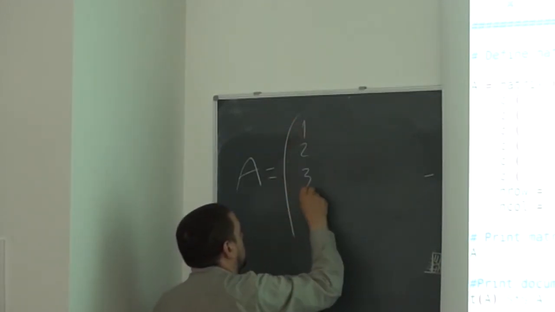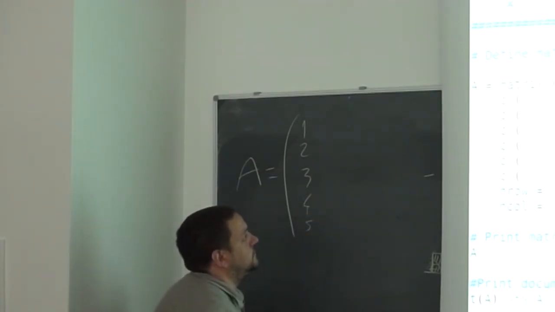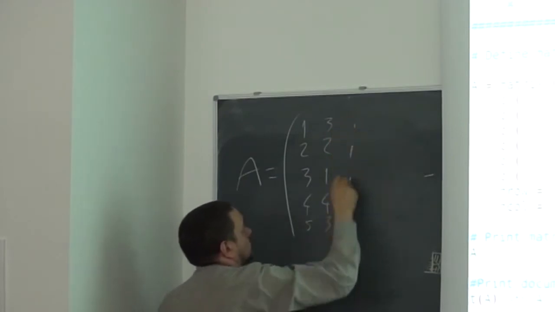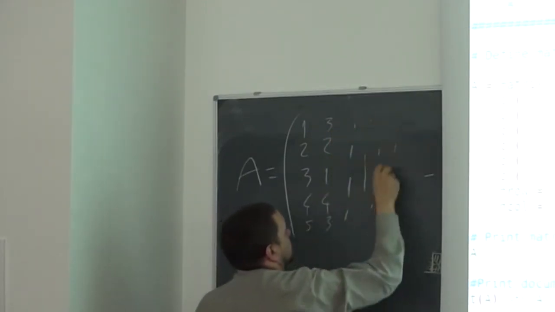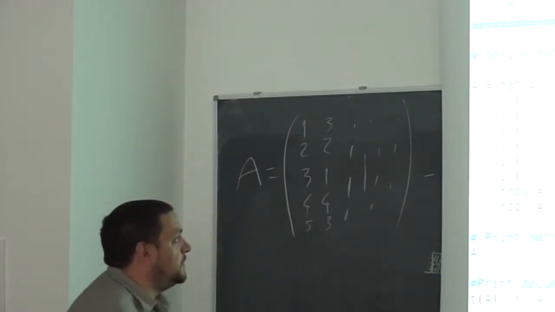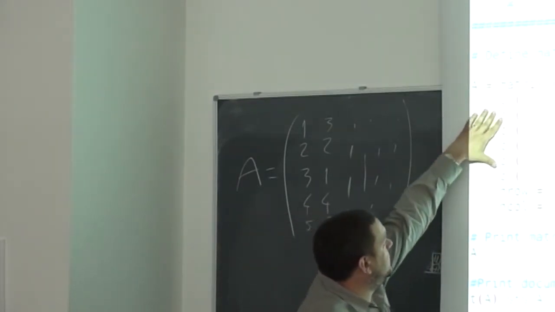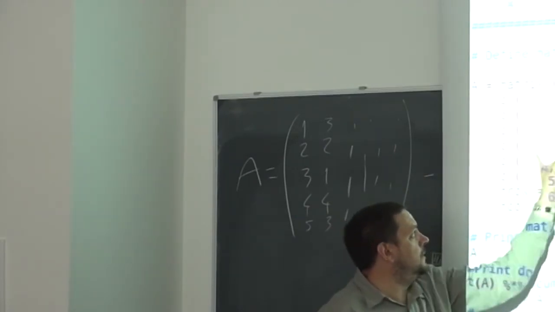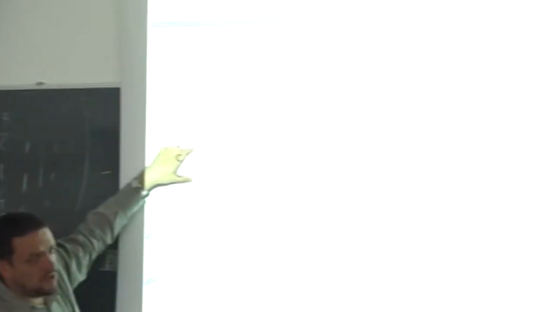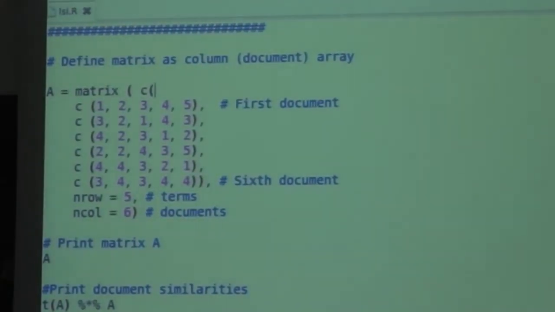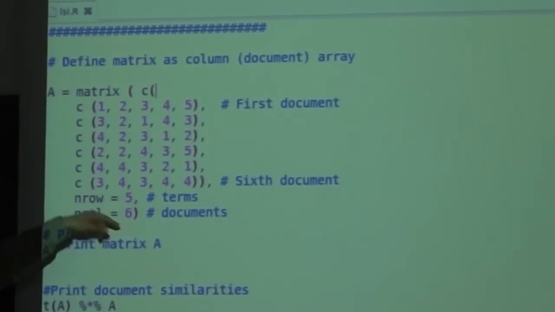Anyway, we have a set of 6 documents in 5 dimensions. Here I'm defining matrix A as this set of 6 columns, each having 5 values. At the end, 5 rows and 6 columns.